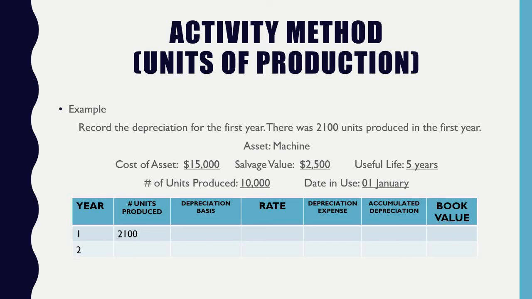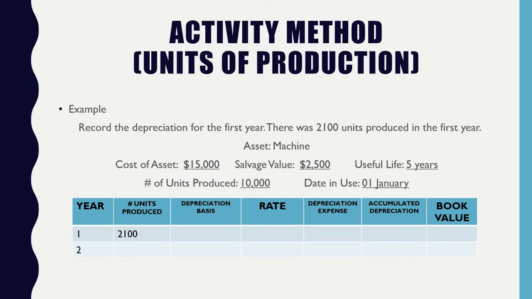I placed it in service in January. That means I'm going to start depreciating as of January. And then lastly, what is my depreciation method? That's number 5, and we are only learning one at a time. So this is units of production.